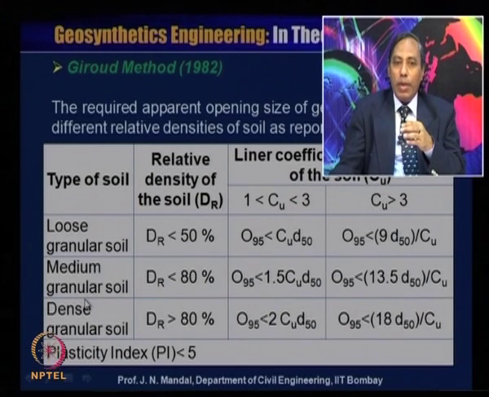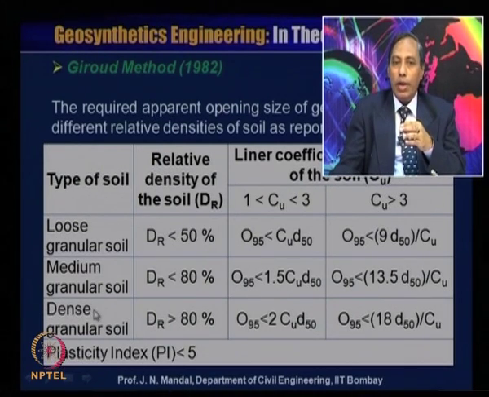Next, if it is a medium granular soil where relative density is less than 80% and Cu greater than 1 and less than 3, then O95 should be less than 1.5 Cu into D50. And if Cu is greater than 3, then O95 should be less than 13.5 D50 divided by Cu.